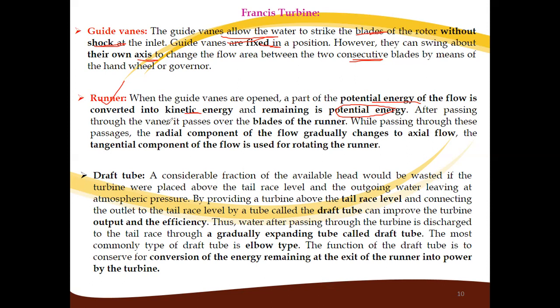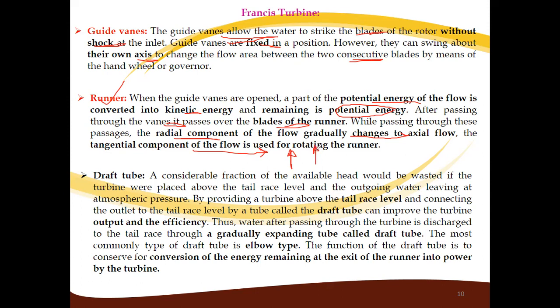After passing through the vanes, the water passes over the blades of the runner, and while passing through this passage, the radial component of the flow gradually changes to the axial component, or axial flow, and the tangential component of this flow is used for rotating the runner. In this case, there are two types of force: impulsive force and reactive force.